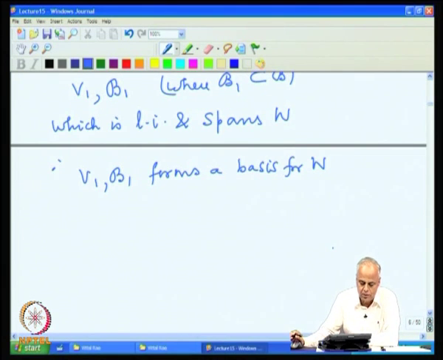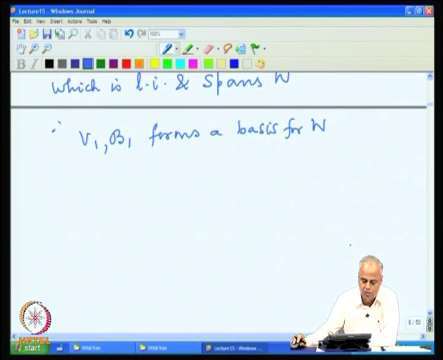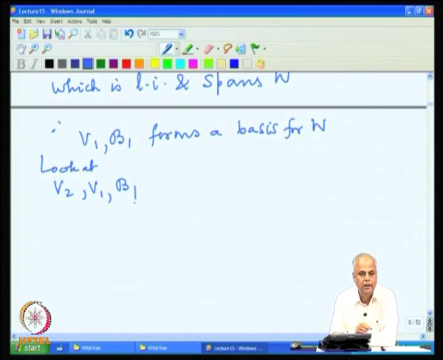Now what has v1 done? v1 has elbowed out at least one vector of b, because remember in the scanning process we would have at least thrown one vector out of the b vectors. So v1 has elbowed at least one vector out of b. Now we push in v2 and look at this.